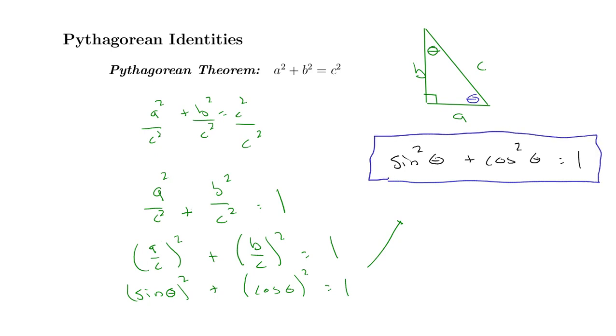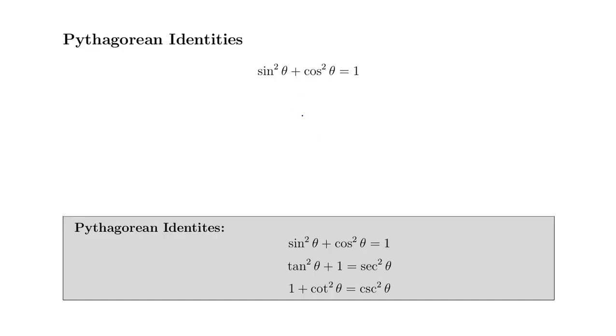Again, this might be one that you've seen, one that you recognize. From this, you can get other versions of the Pythagorean identity. So here's two more that we can get. And we can just use some nice quotient identities here. For instance, we could go ahead and just divide everything by cosine squared theta.